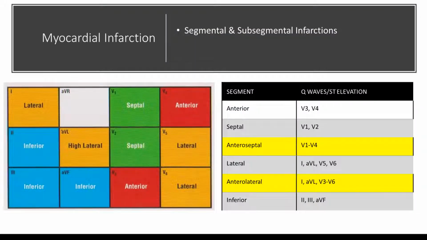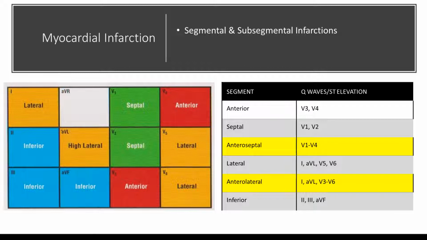When we obtain a 12-lead ECG, we're attempting to map out the different areas or subsections of the heart. Each lead in the 12-lead ECG reflects a particular segment of the heart.